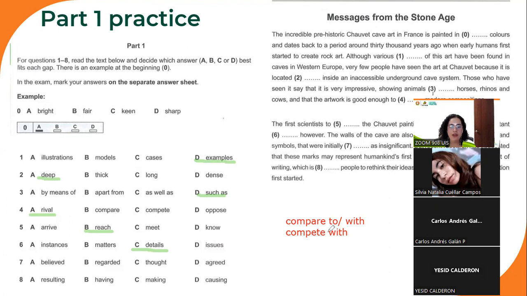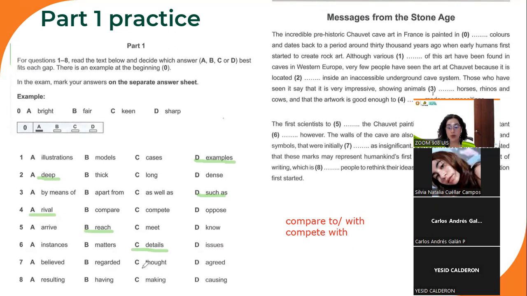So listen, here we have another case of prepositions. When we use it was believed insignificant, ahí no necesitamos preposición. Believed insignificant, or was believed to be insignificant. Believe no puede ser. Was thought, también no puedes, was thought as insignificant.